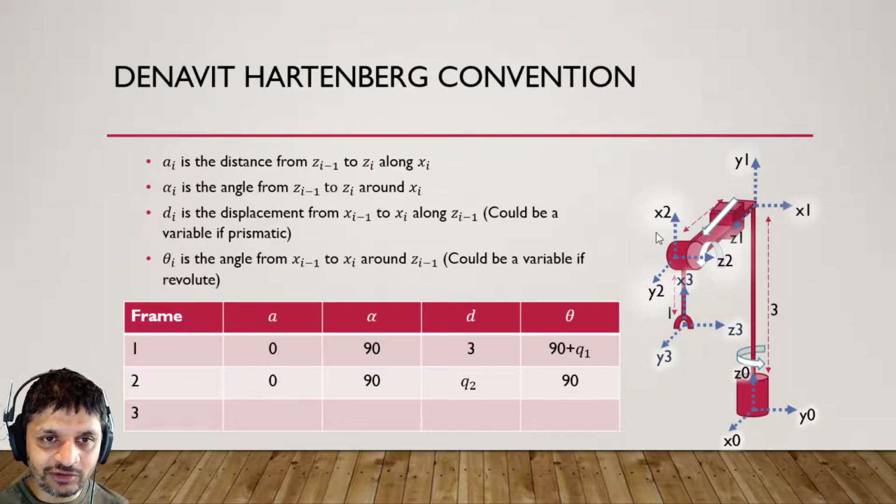Alpha is the rotation around xi to get my z's to align, right? So again, I've got my x here, and my previous z is pointing out of the screen. And what my current z is doing is pointing to the right. So from here to here is a positive 90-degree rotation. It's a rotation that's going with the curl of my fingers, right? So that means alpha is 90.